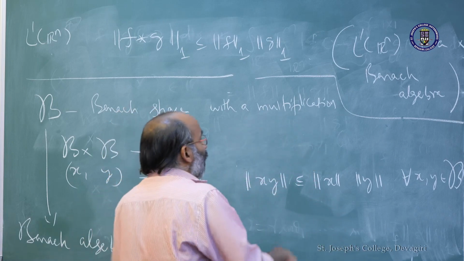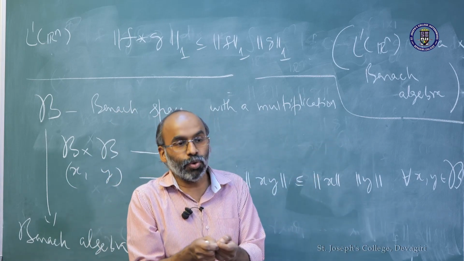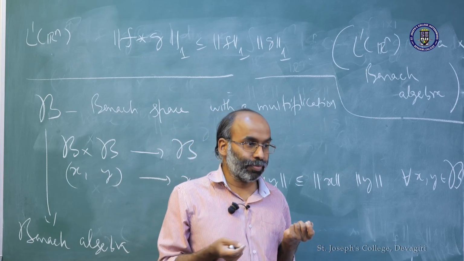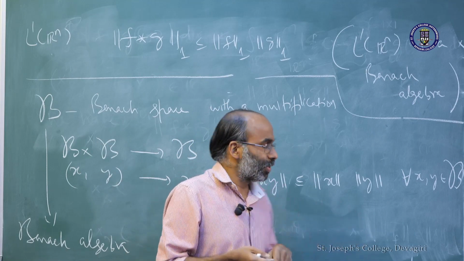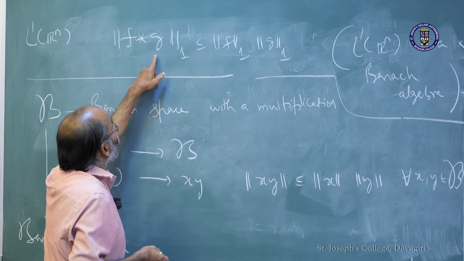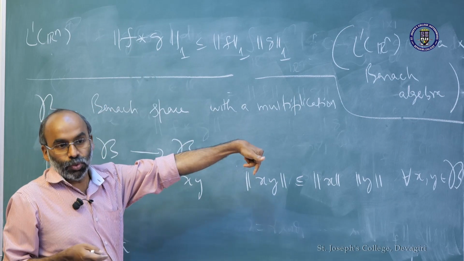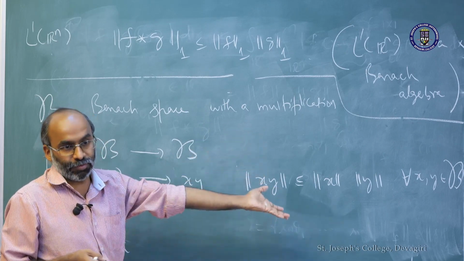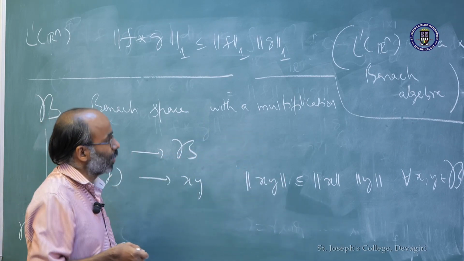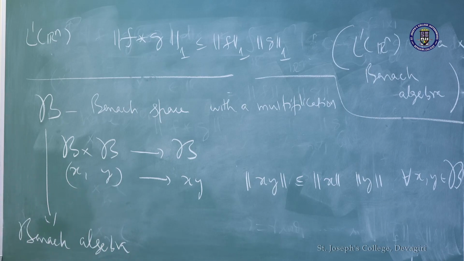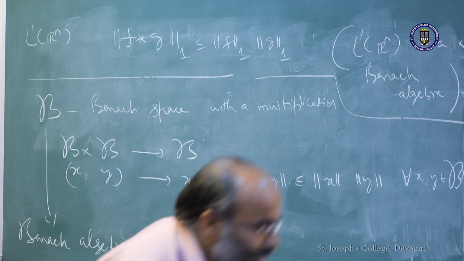Whenever you have multiplication, one question you want to ask is whether there is an identity. That's what you do with groups, which means, can I get a g such that f star g equals f for every f? That is what you mean by an identity. Well, we don't have an identity. What we have is an approximate identity.